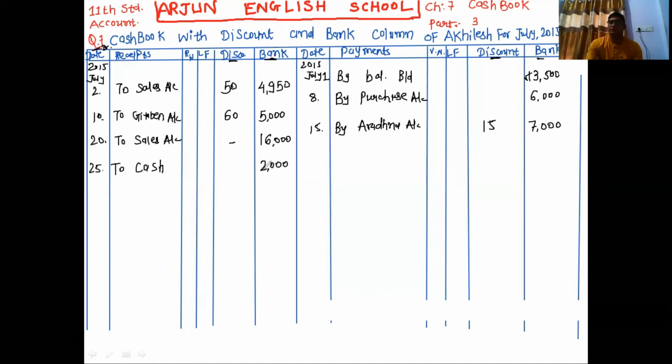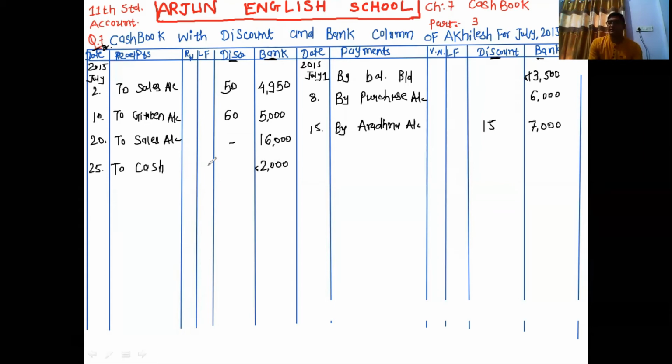Amount is 2,000. Here, if we have prepared a cash account as well, then it becomes a contra entry, because bank balance and cash balance are both affected, as we have already seen in the earlier session. But here the cash account is not to be prepared, so only a single entry in the bank column for 2,000 rupees.